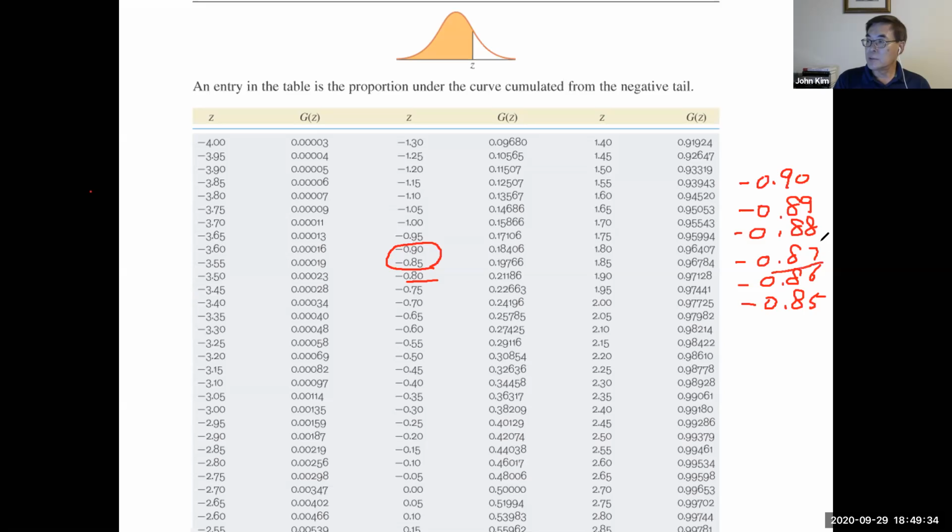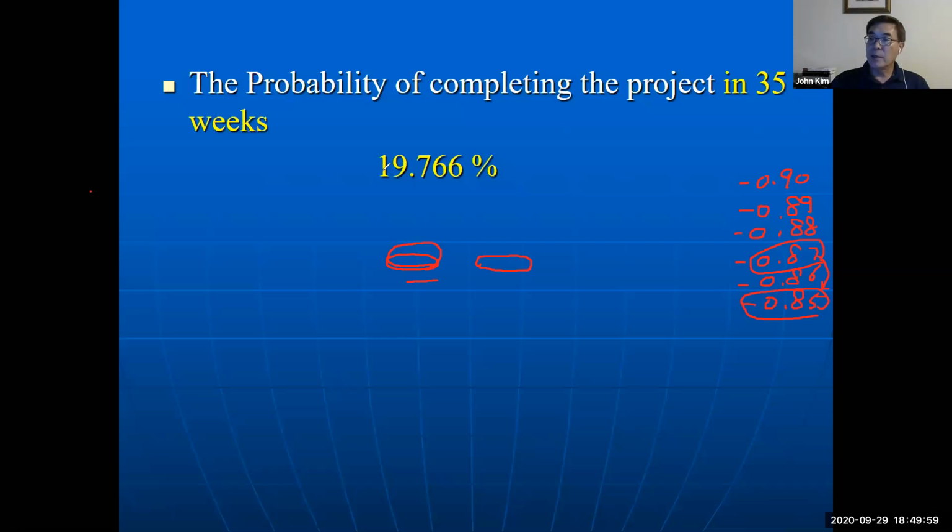So 0.87 is closer to 0.85. So take 0.85, then the area is 0.19766. So the answer is 19.766%. So the probability of completing the project in 35 weeks is 19.766%.